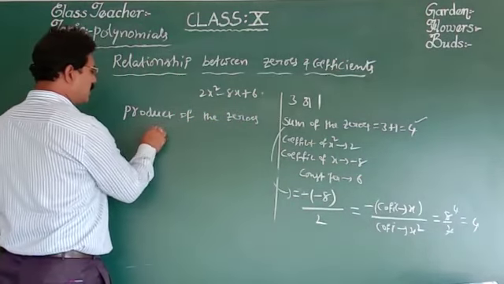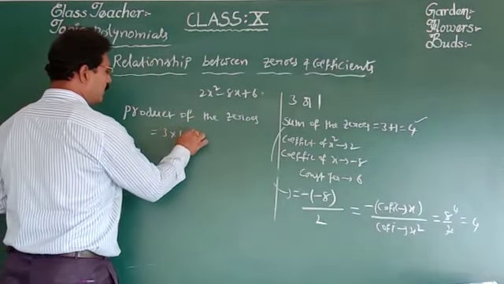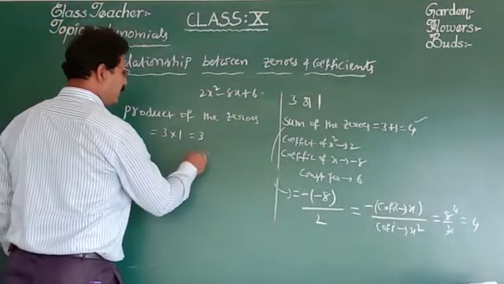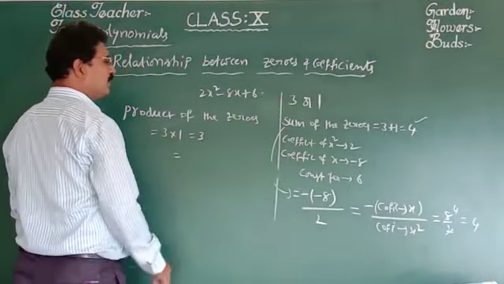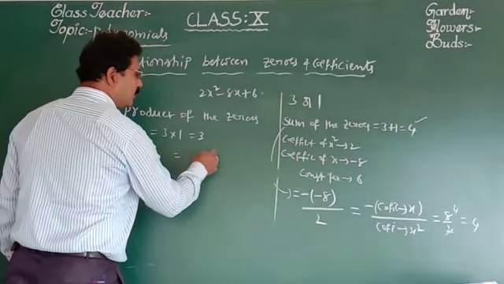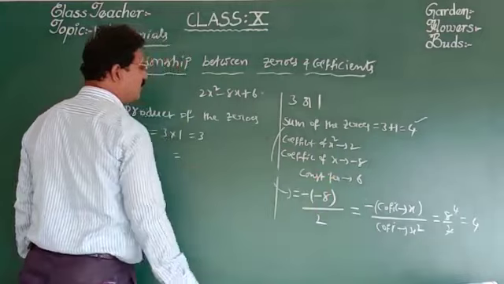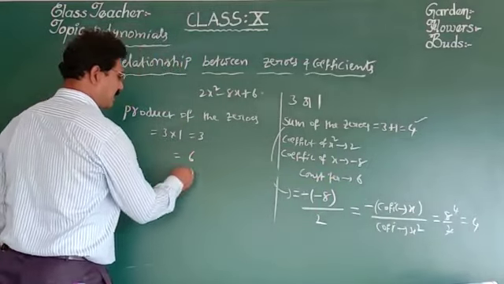Product of the zeros is equal to 3 into 1, which is equal to 3. How to write that? See, what is the constant term? 6.